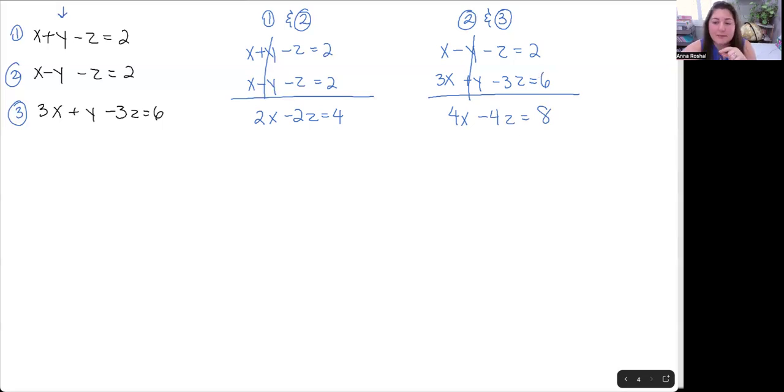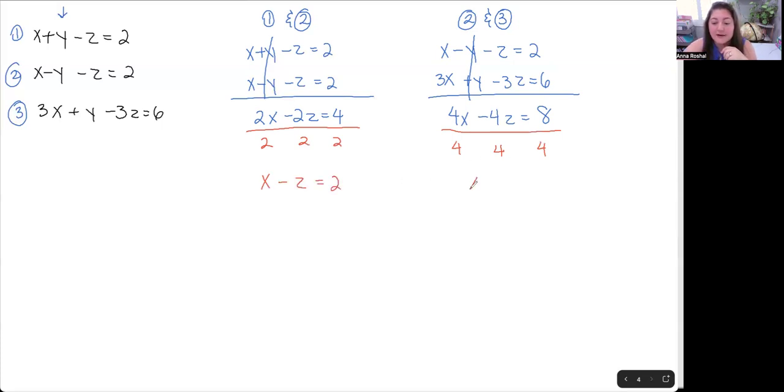And one thing that I want to mention here is I can actually divide everything here by 4 to give myself simpler numbers. And I can divide everything here by 2 to give myself simpler numbers. And when I do that, I end up with x minus z equals 2.